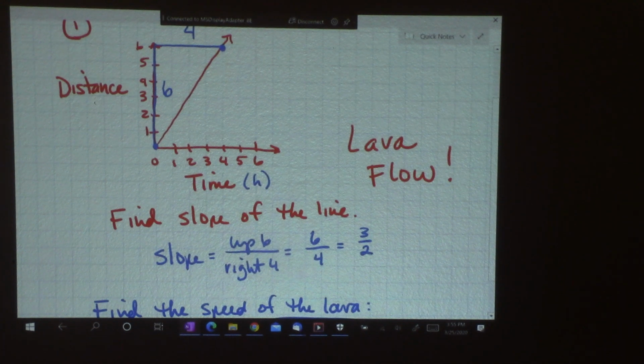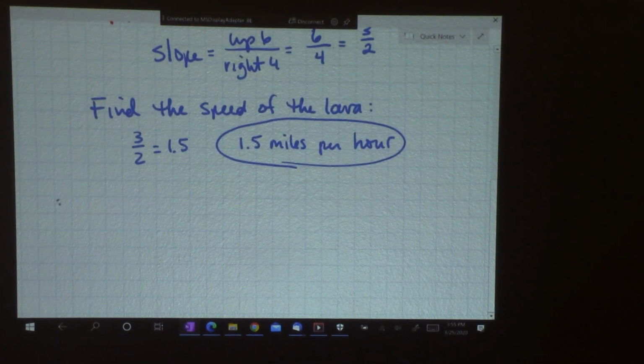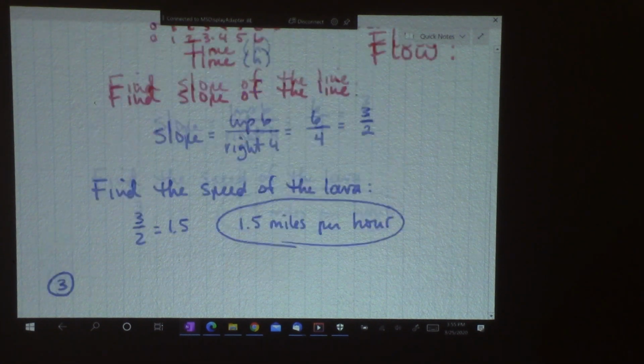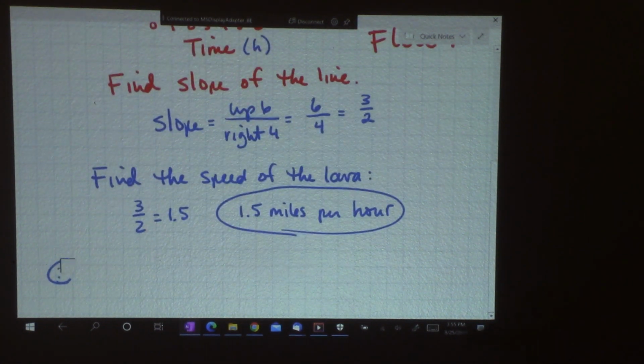Okay, we're going to do one more, and then we'll be done. That was number 1. We're going to do number 2. Okay. All right.